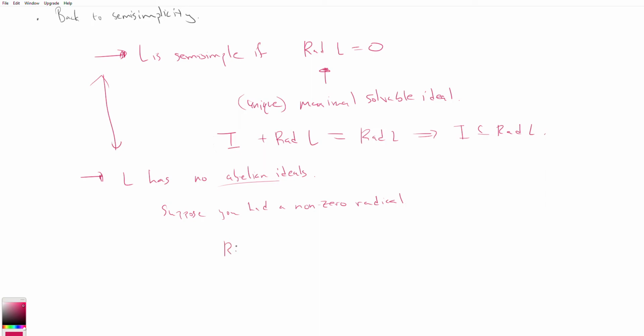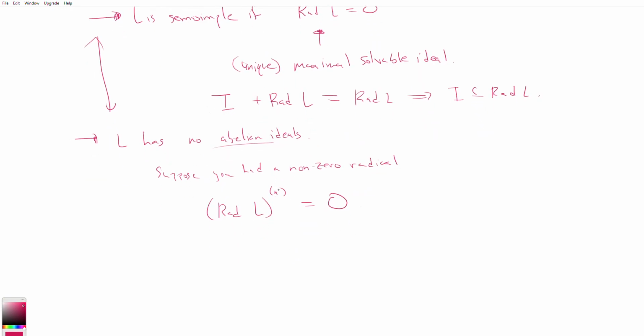So that means there is some n such that when you do the derived series enough times, rad L to the nth power is equal to 0. And so suppose this is the smallest such n, then rad L to the n minus 1 is going to be abelian, and it's not 0 by the restriction on n. And so if you have a radical that's non-zero, then you have an abelian ideal, and of course any abelian ideal lives in the radical.